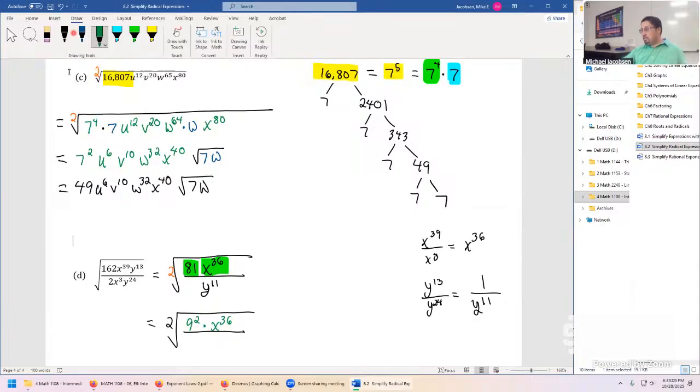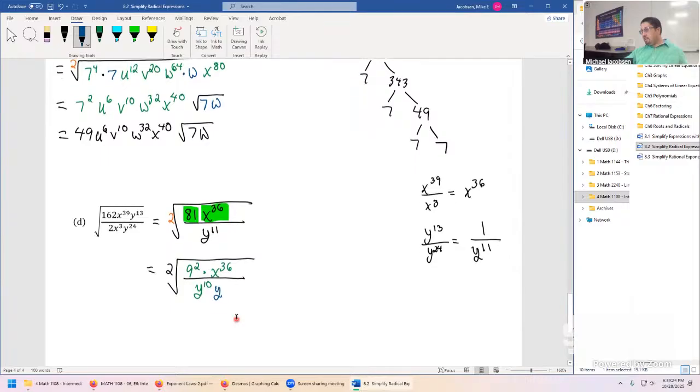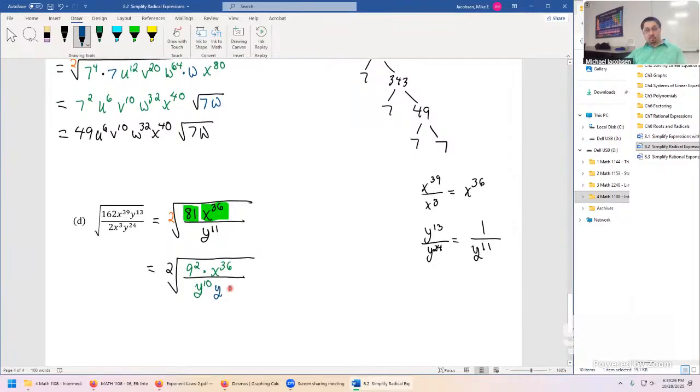And down below, we would rather that be a y to the power 10 because then the index 2 would divide into it. So we put in exactly what we want, y to the power of 10. We go down by 1 power, and we can counteract that by just multiplying by y. Exponent laws will let this multiply back to y to the power 11, giving us the original denominator.